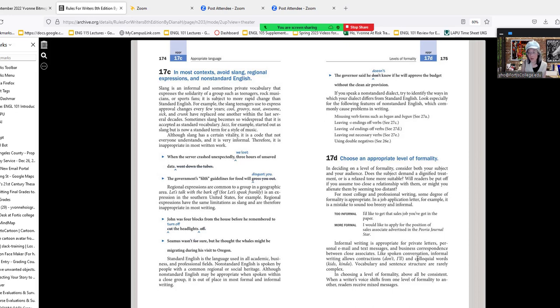Like spoken conversation, informal writing allows contractions, don't, I'll, and colloquial words like kids and kinda. Vocabulary and sentence structures are rarely complex, but in choosing a level of formality, above all, be consistent.